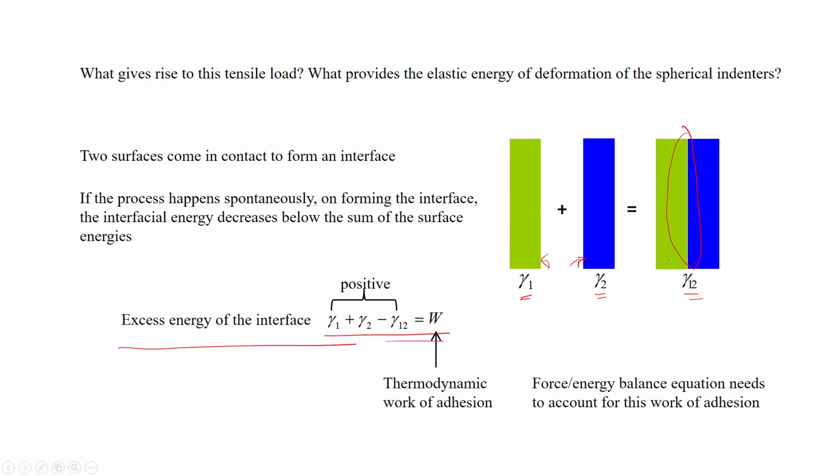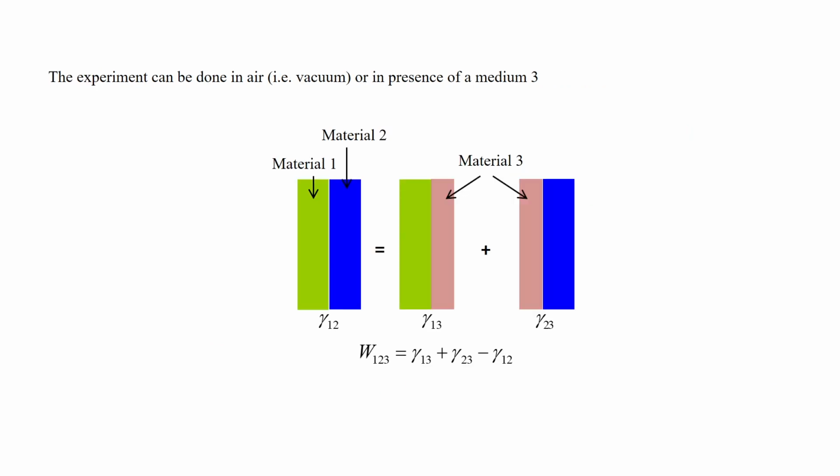It is from that concept that the idea of work of adhesion comes, and this is the thermodynamic work of adhesion, because this is an intrinsic property of the surface. Here I have also gone through that if, instead of vacuum, there is a different material, then W 1 2 3 will be given by this equation. We have actually gone through this.